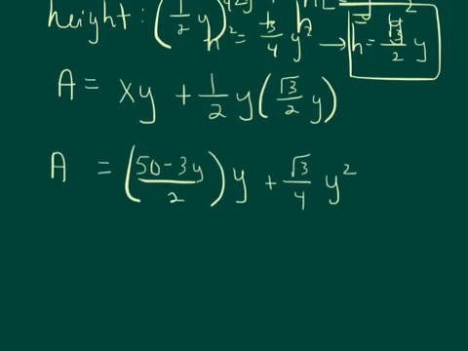Now, notice I left a little space next to the area here. It's a function of y, isn't it? So we can write it like that now. Remember how we do f of x or g of x? This is A of y. Now remember, you always think of x as your horizontal axis and y as your vertical axis. But in this problem, it's not A of x, it's A of y.